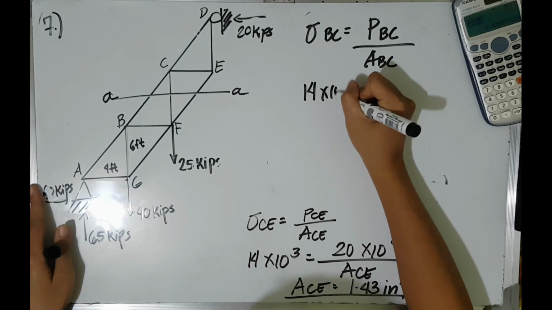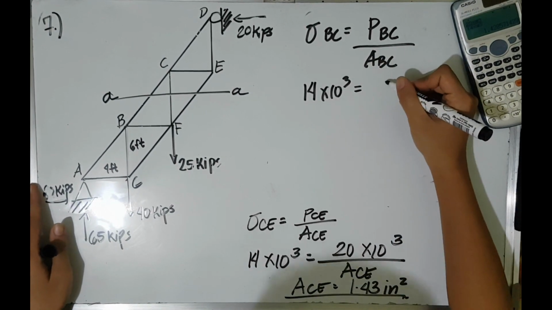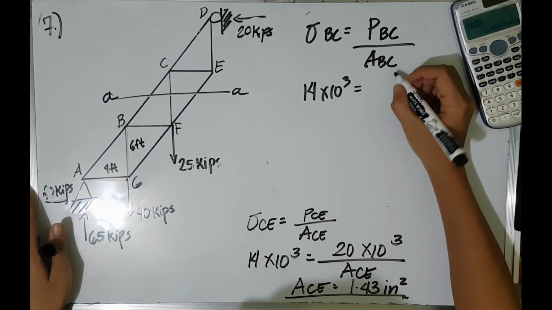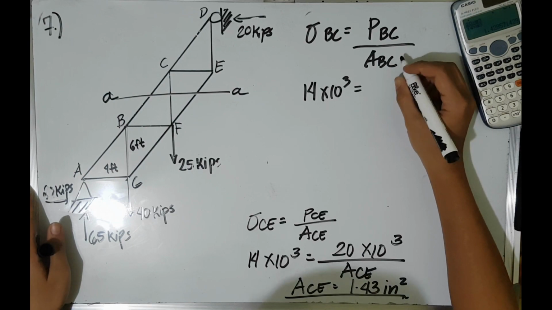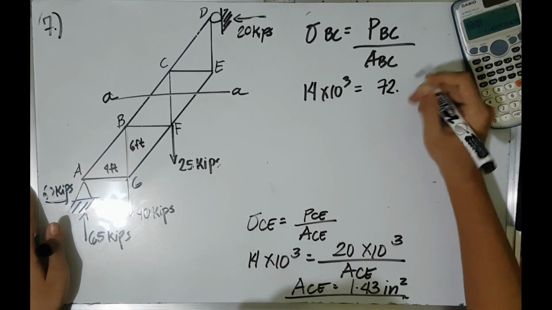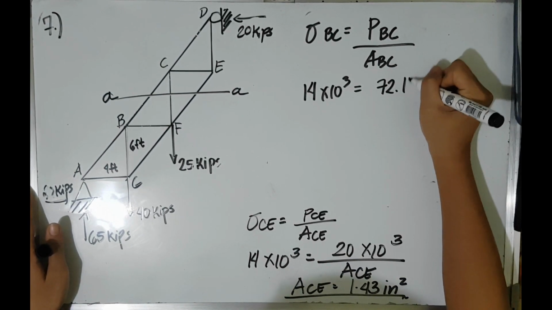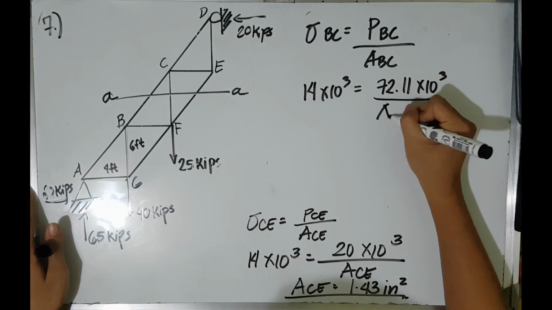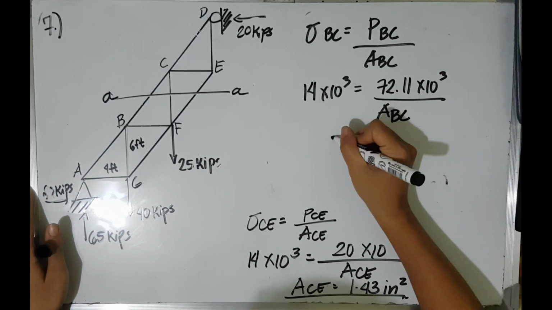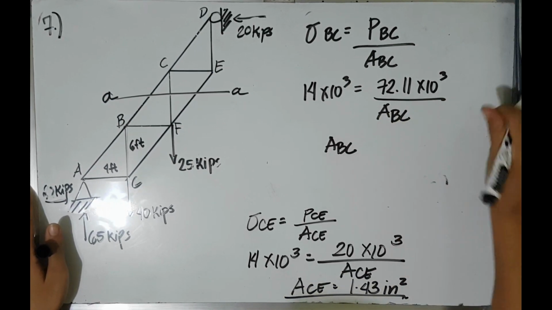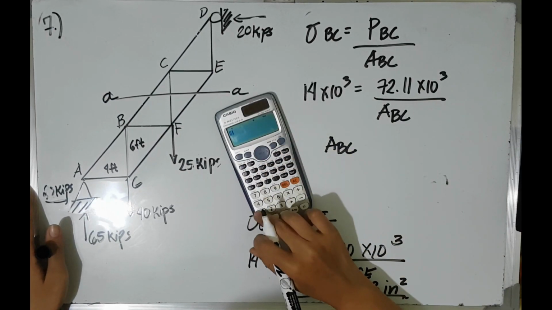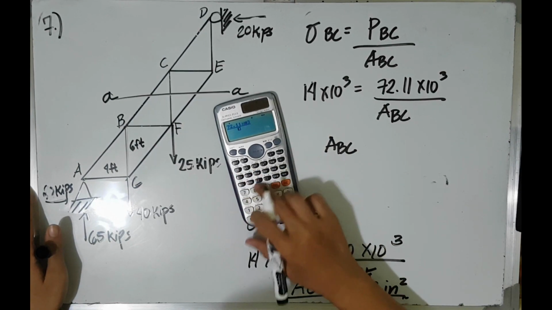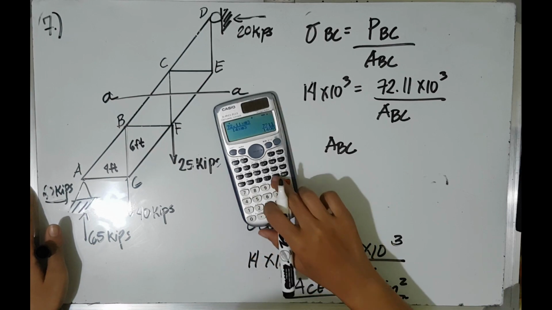And then our force BC a while ago is equal to 72.11 times 10 raised to 3 pounds divided by area of BC. So the cross-sectional area of member BC would now be equal to 5.15 square inches.